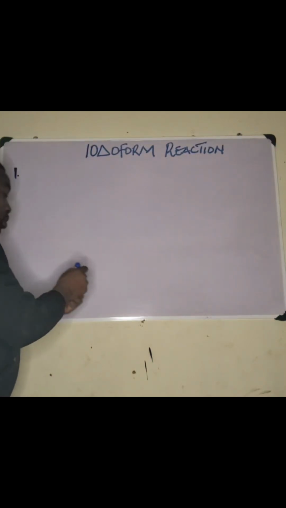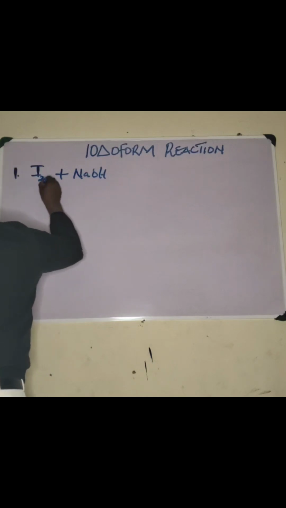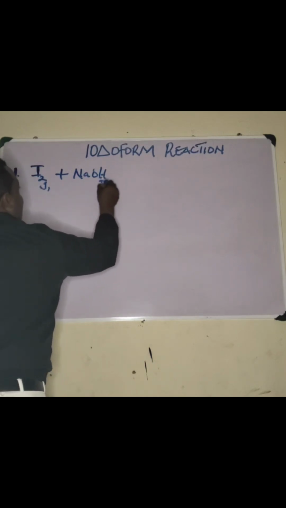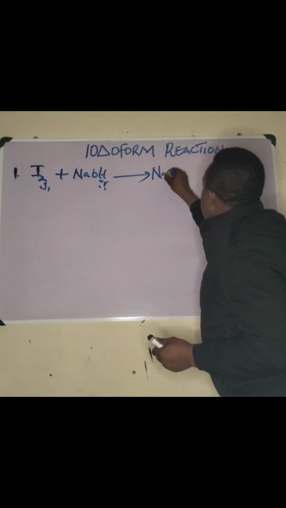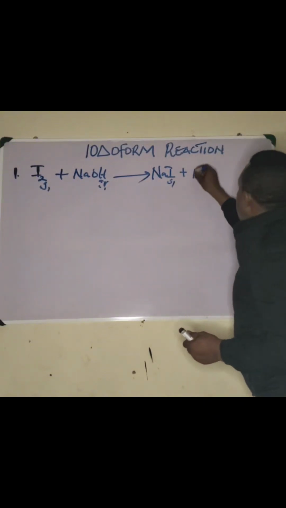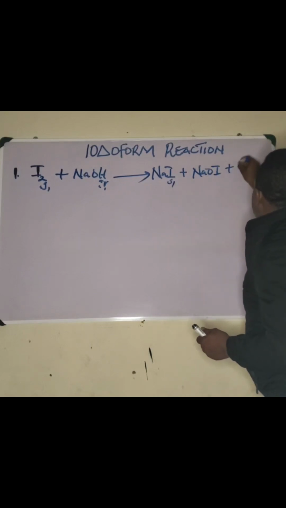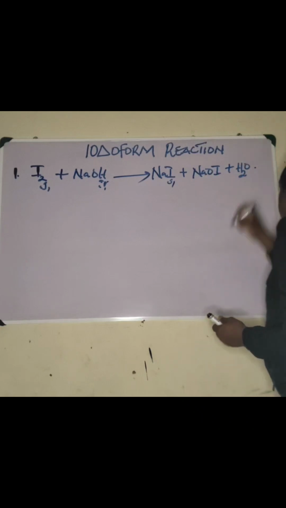The first stage is we are going to synthesize sodium oxoiodate 1 by reacting iodine with sodium hydroxide. Of course, iodine is a gas. This is aqueous, to give us sodium iodide, which is a solid, plus sodium oxoiodate 1, then water is liberated.